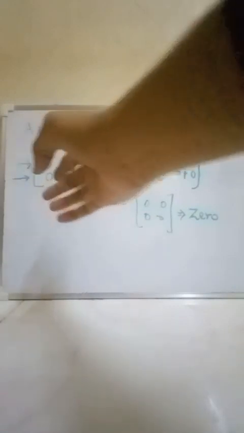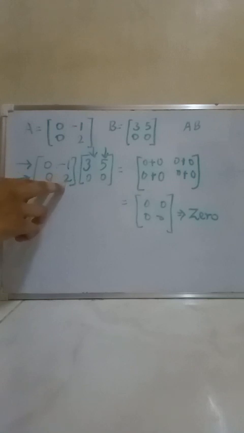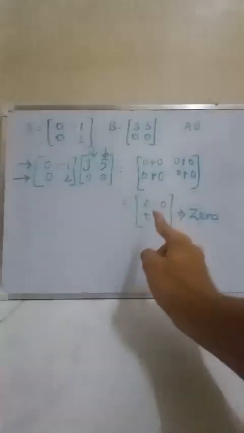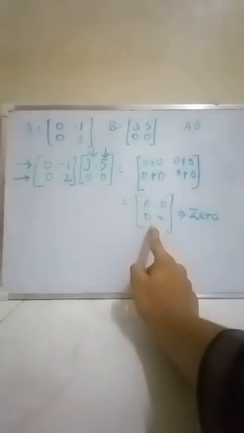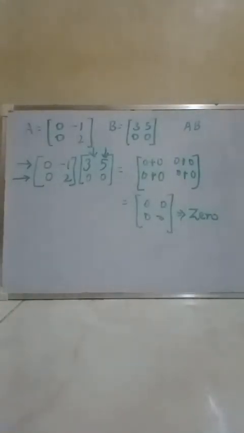Because if it has some elements as 0, it is not a 0 matrix. It should have all elements as 0 to be a 0 matrix, right? So both are not 0 matrices, but when we get the final answer, we are getting a 0 matrix. That is, it's not necessary for two matrices to be 0 matrices to get the final answer as a 0 matrix.